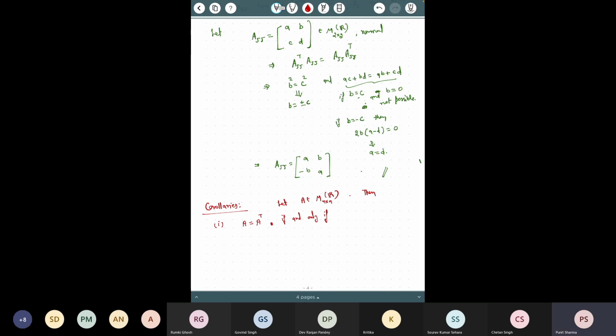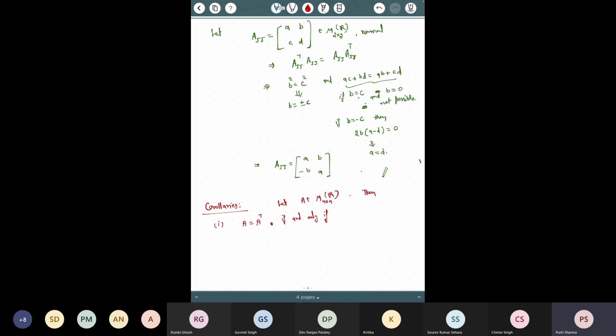A is symmetric means clearly A is normal, so these are a particular case of normal matrices. Now what would be the statement of the result we just proved for real symmetric matrices? So Q transpose AQ will be diagonal.